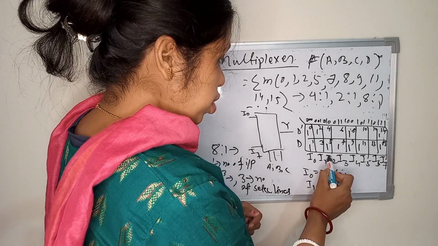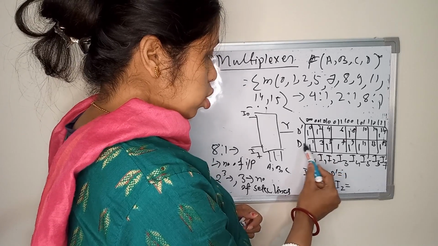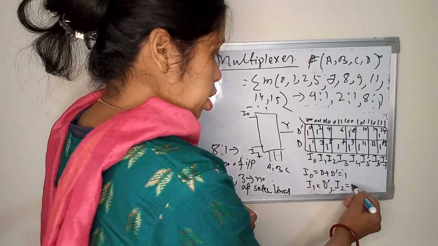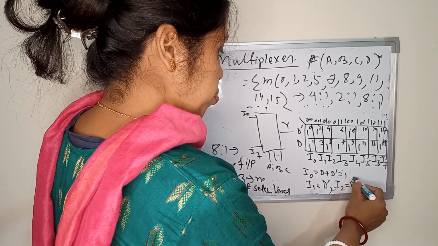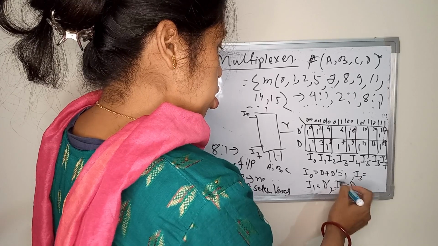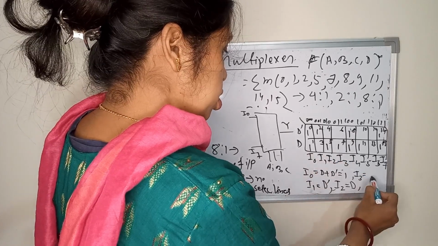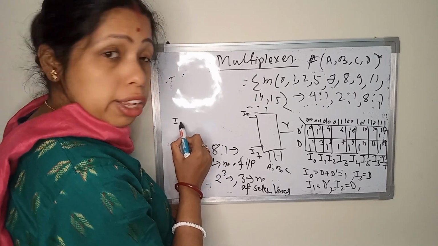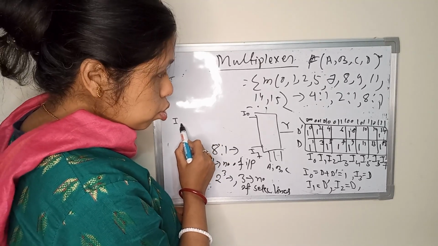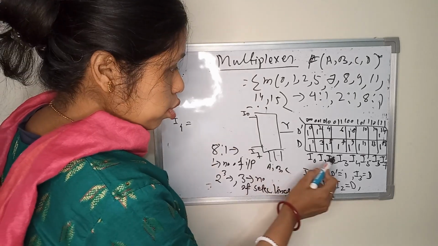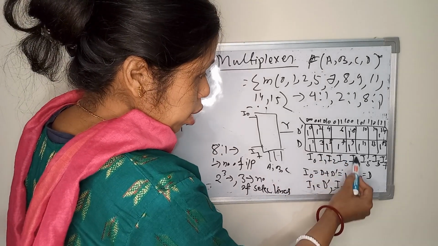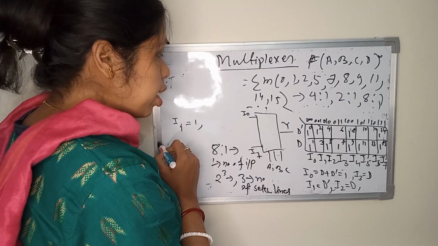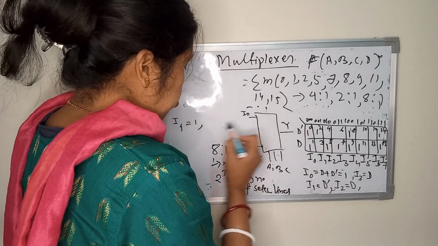For I2, my 1 is in this cell, so this means D. I3 again is D. For I4, both cells are 1, so you can write it as 1.